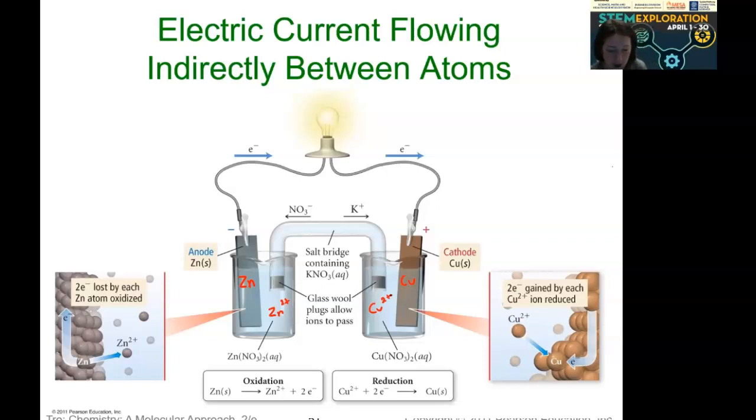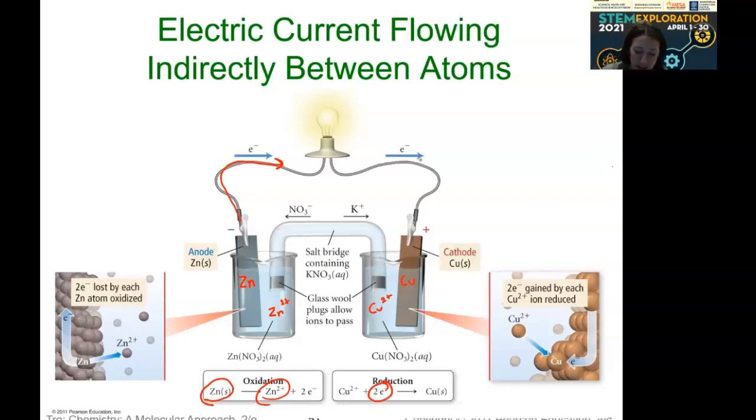All right, so now we know that our zinc wants to lose electrons, and copper wants to gain electrons. Here it is losing the electrons, and the electrons are going towards the copper because the copper wants to gain those electrons. So we've kind of separated it out.